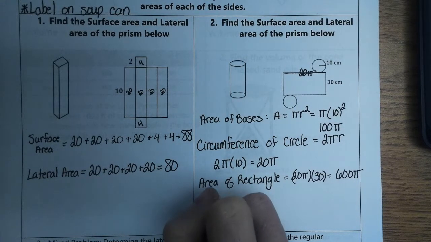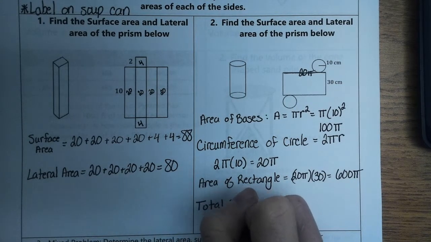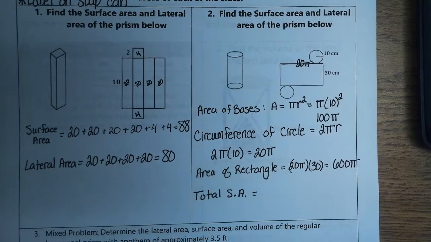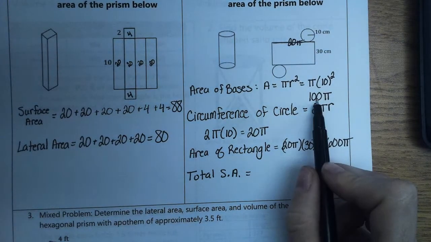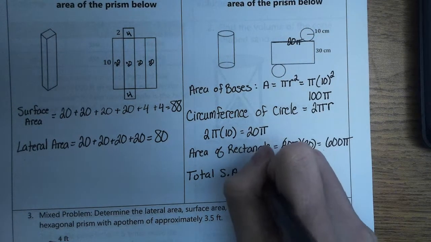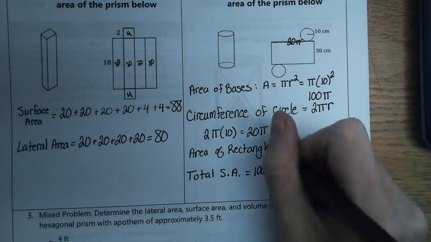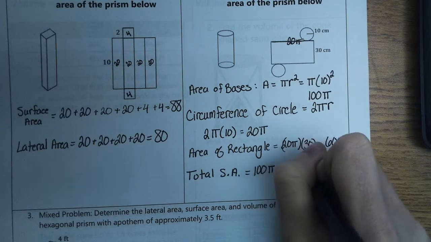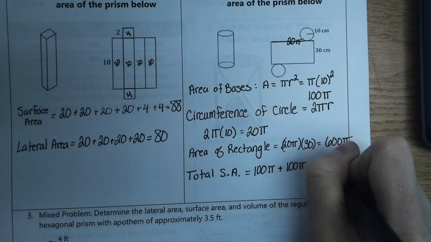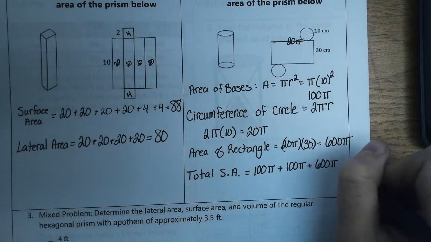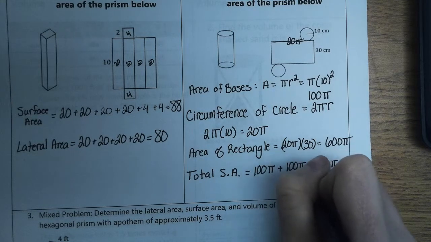And then we just add them for the surface area. Total surface area is 100 pi for one of the bases, plus another 100 pi for the second base, plus 600 pi. So it's 600, 700, 800 pi total.